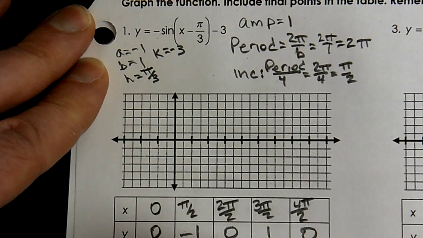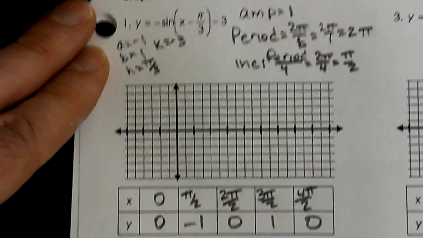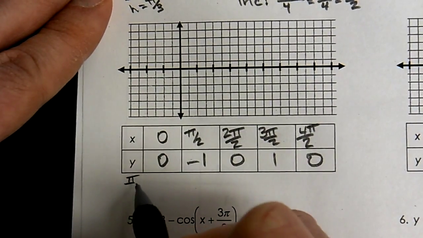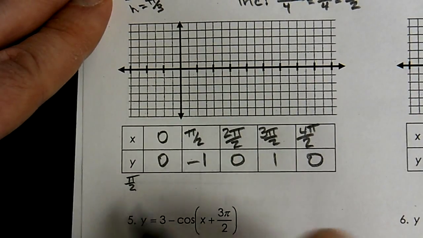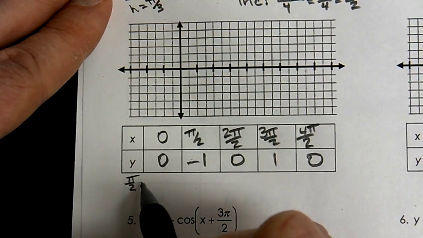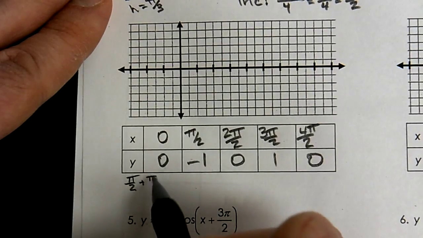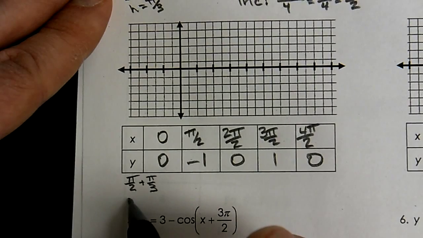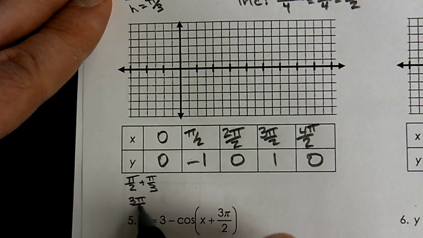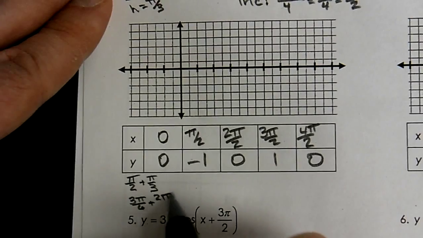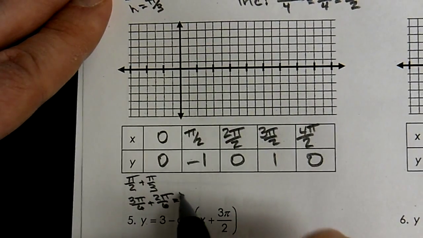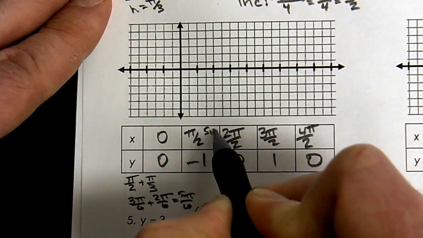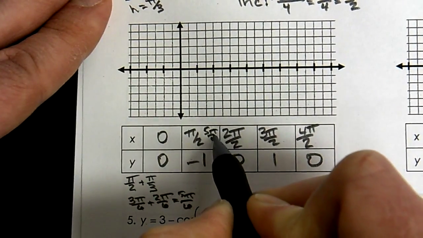We're going to take our pi over 2, that's this value, and we're going to translate it to the right, pi over 3. We need to make common denominators. And we get 5 pi over 6. So this becomes 5 pi over 6.